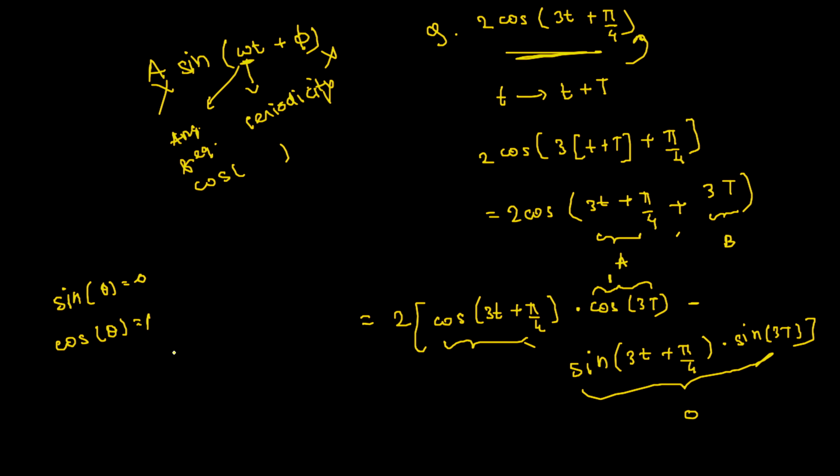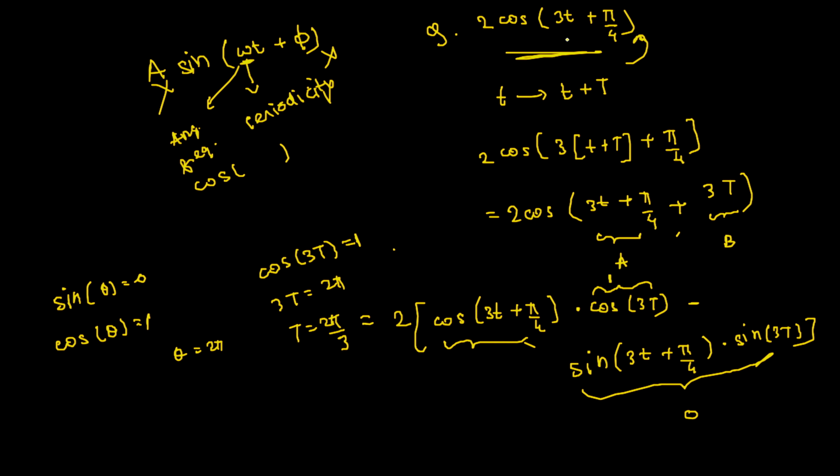So like we already discussed, that happens only for 2 pi. So if my cos of 3T is coming out to be 1, that means 3T is equal to 2 pi and T is equal to 2 pi by 3. So if you are approaching it with the logic of periodicity, then this is the way to solve the question.